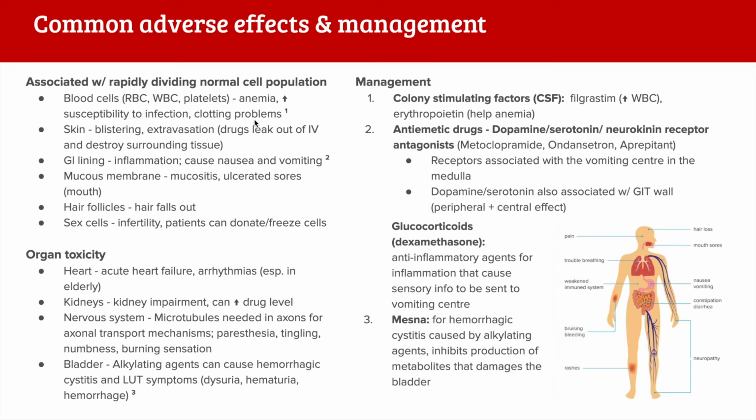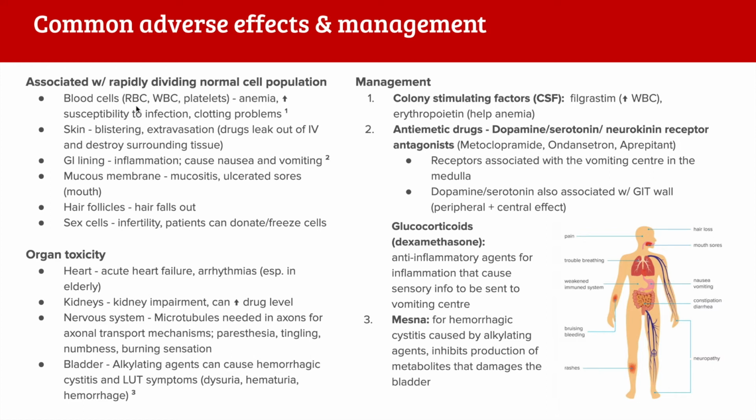The way this is managed is by colony stimulating factors, CSFs. They're drugs that stimulate the growth of cells such as white blood cells. This can help with the immunity of the patient. And erythropoietin can help with anemia.